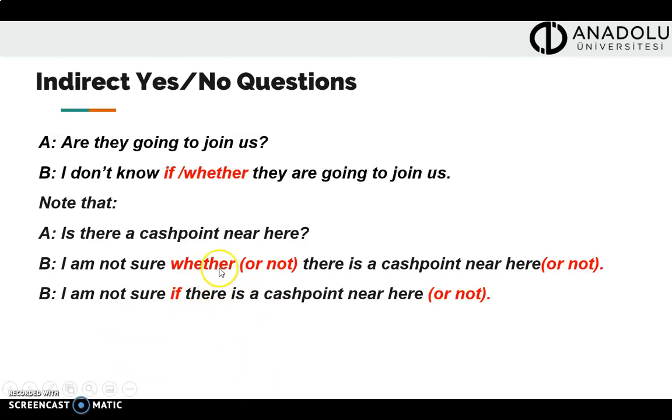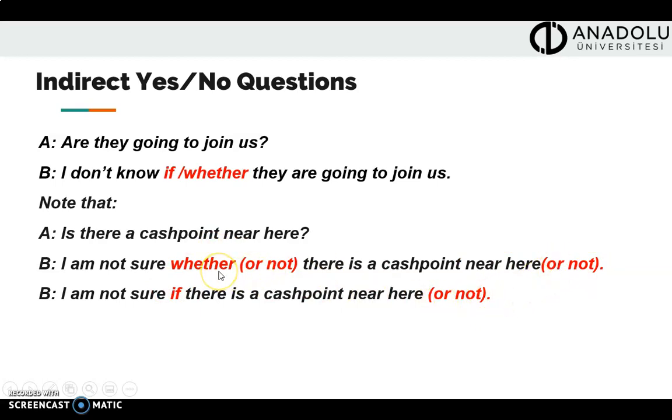I am not sure whether there is a cash point near here or not. Or you can say, I am not sure if there is a cash point near here or not. With whether or if, you can use or not at the end of the sentence.